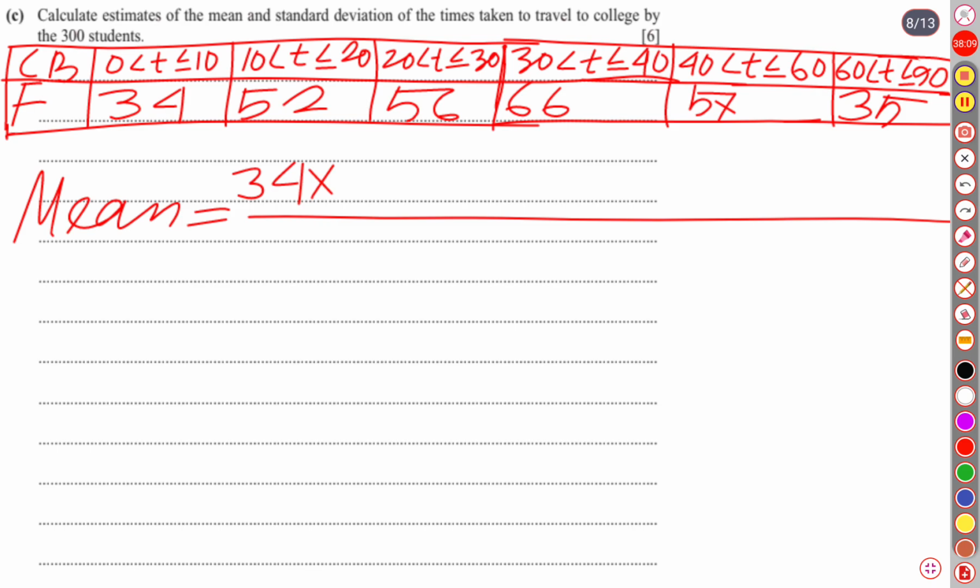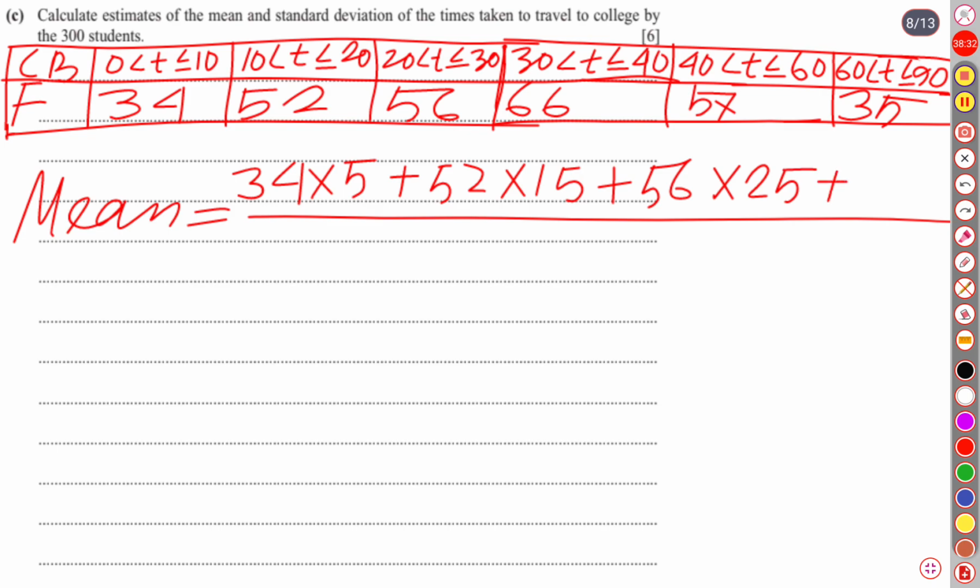Dividing 10 by 2, it is 5. Then the frequency is 52, multiplied by midpoint 15. Then 56 into midpoint 25, since 30 plus 20 is 50, so it is 25.